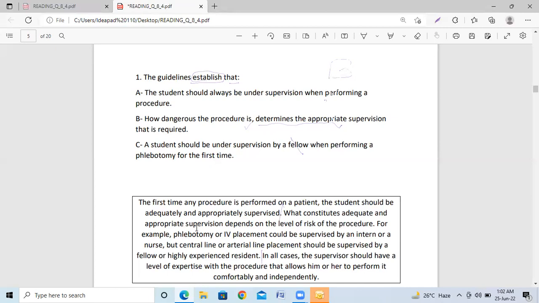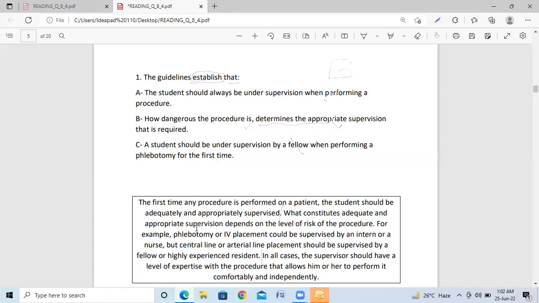Now, it is very important. They have given examples that phlebotomy or IV placement can be supervised by an intern or a nurse, which are simple procedures, right? Then they have given two more examples. Central line or arterial placement should be supervised by a fellow or a highly experienced resident.